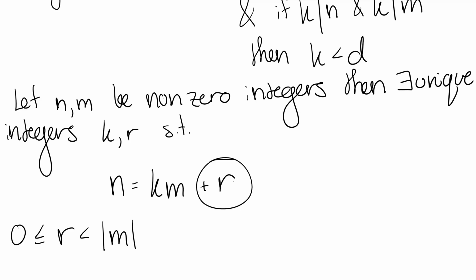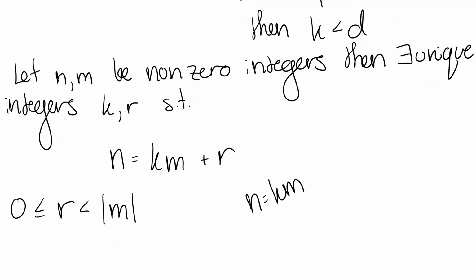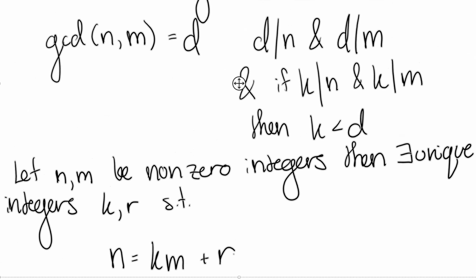And then if it doesn't divide into it perfectly, what's the remainder? That's the way to think about it. Because remember, if R is 0, then we have N equals Km, and that is one of the definitions of M divides N, since K is an integer. All right, so that was a fast overview.